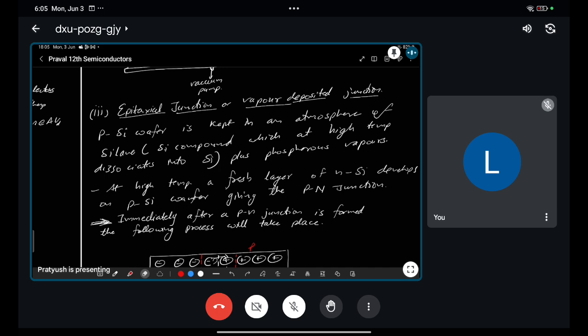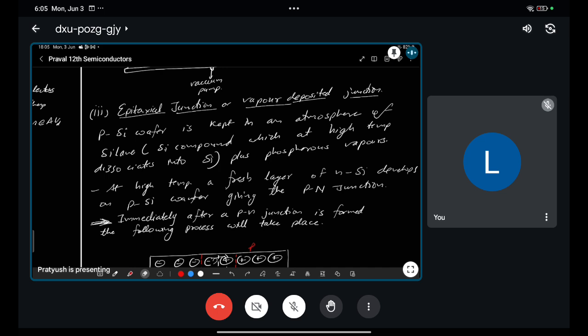So a P-type silicon wafer is put in this region having phosphorus vapors as well as this silane compound.